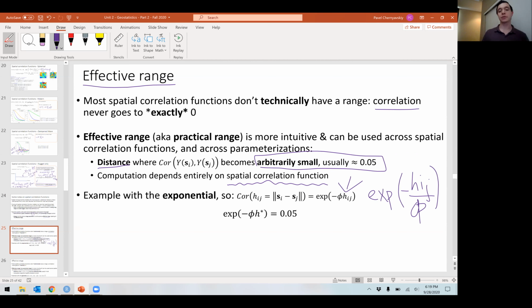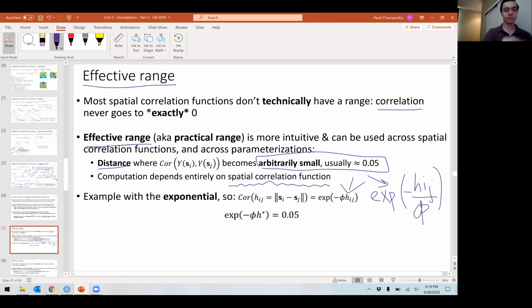Computing the effective range forces us to understand which of the two parameterizations is out there. And the effective range, I claim, has a lot more intuitive interpretation. We don't care if the correlation between observations is 0.03. We care around where things stop being strongly correlated. And that, I argue, is more in line with the effective range.